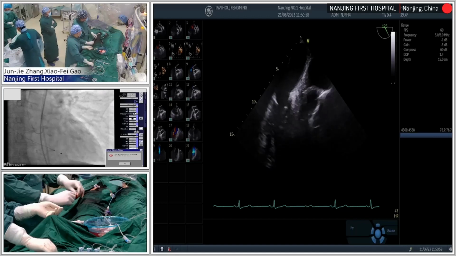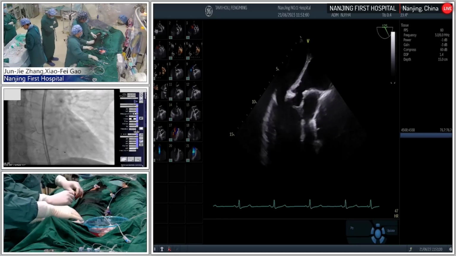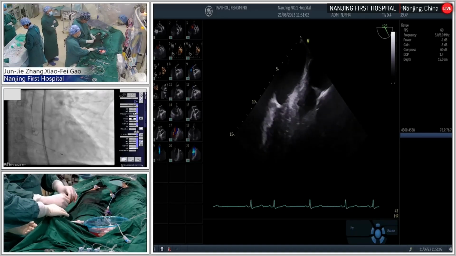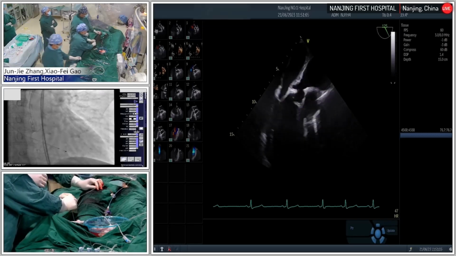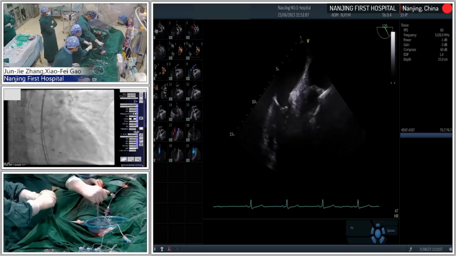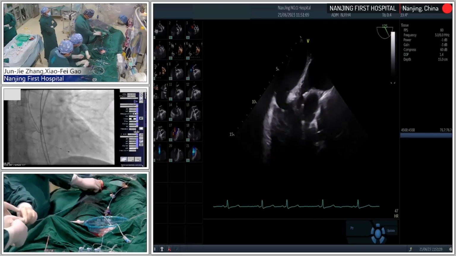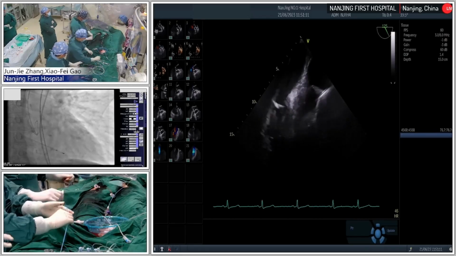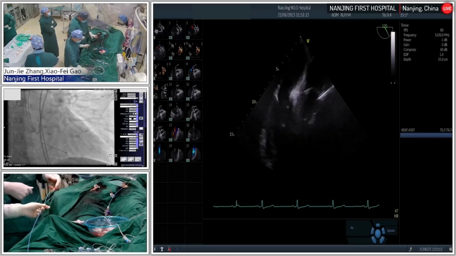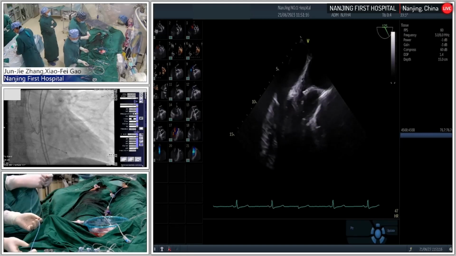the most important is the right side heart function. For example, if the patient has severe aortic stenosis, severe mitral MR, but the right side heart function is okay, I think after the procedure the patient can recover very well.